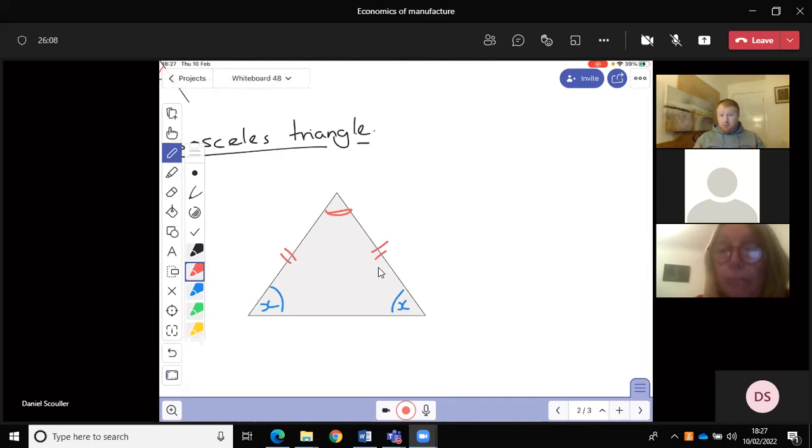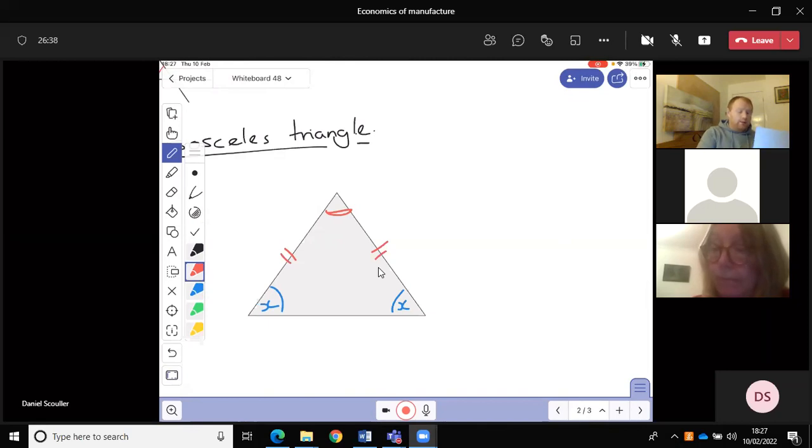When we are looking at problems where we have to find different angles at different points, and then find the missing angle, we could use that rule: when we've got two equal sides, two equal angles. So keep that note with you. We'll start looking at examples shortly.